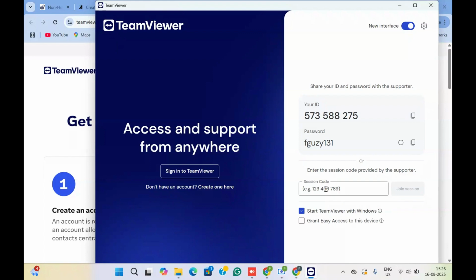573 588 275. Parallel at the rate 123. FGU ZY 131.